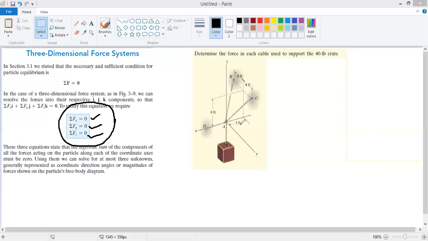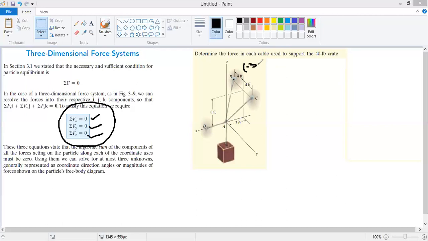In order to do this question, first of all, look at the points. Look at the point B. If you look at point B, the x coordinate is -3, the y coordinate is -4, and the z coordinate is 8. So the coordinates of point B along x-axis is -3.